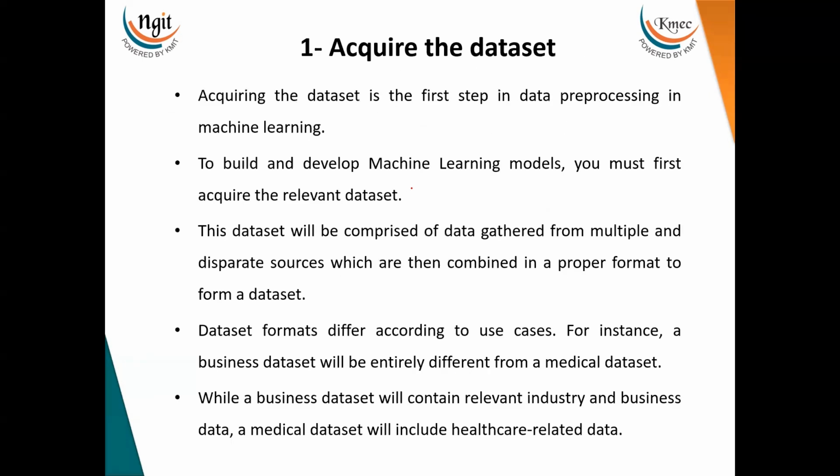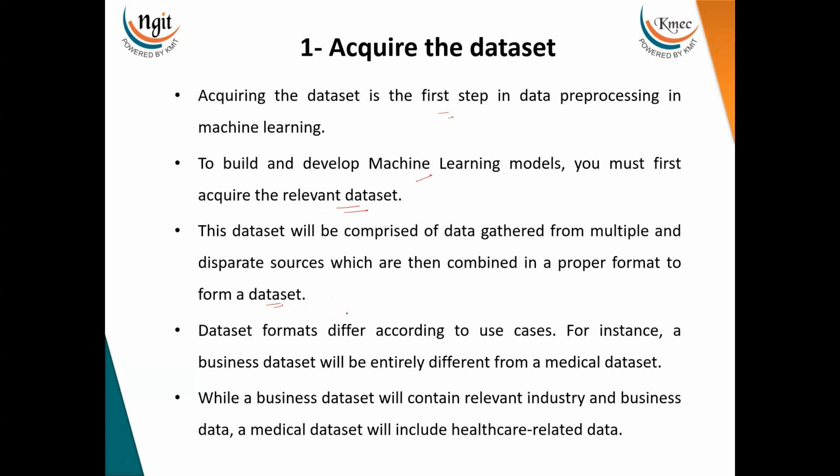So the very first step is acquiring the data set, that is getting the data set. To build and develop any ML model, first we need a relevant data set, and this data set comprises data gathered from multiple and disparate sources, which are then combined in a proper format to form a data set.